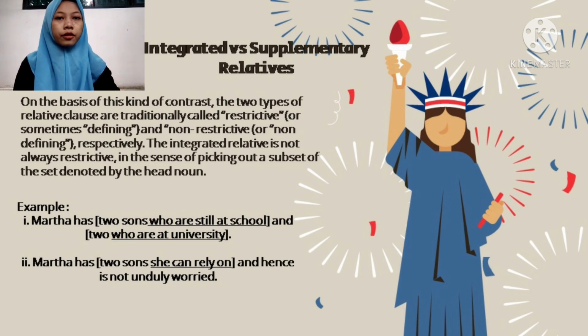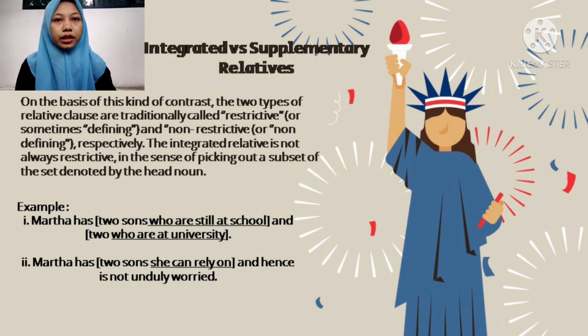On the basis of this kind of contrast, the two types of relative clause are traditionally called restrictive, or sometimes defining, and non-restrictive, or non-defining. The integrated relative is not always restrictive in the sense of picking out a subset of the set denoted by the head noun.